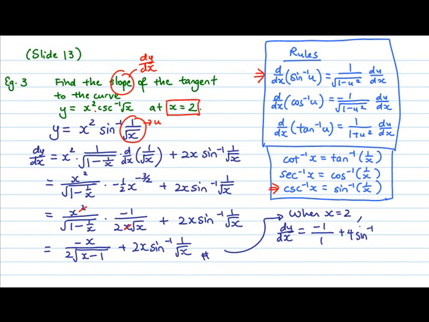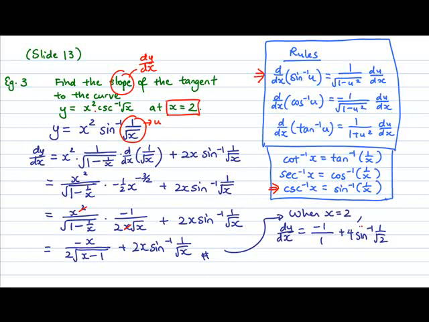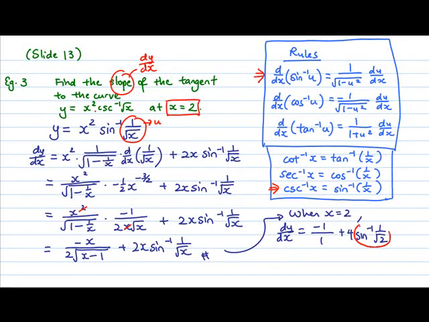There's a 2 here means there's a 1 over root 2. Interestingly, sine inverse 1 over root 2, if you know your special angle, the answer is pi by 4. This part is pi by 4. So multiplying by 4 gives a nice pi. So my final answer is simply pi minus 1.